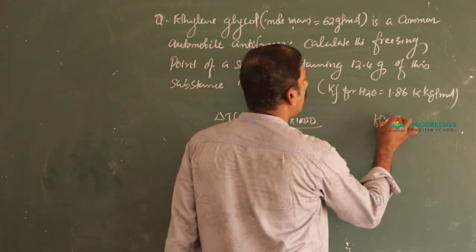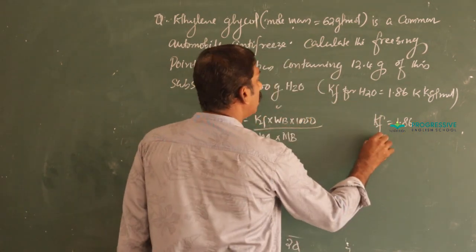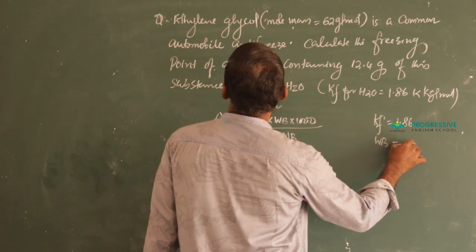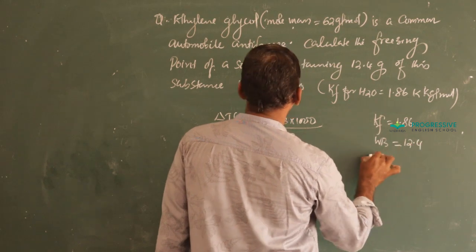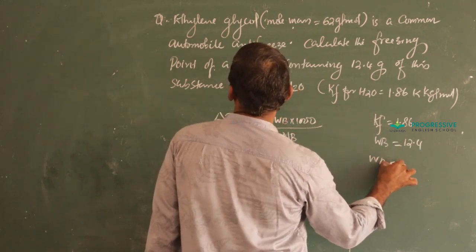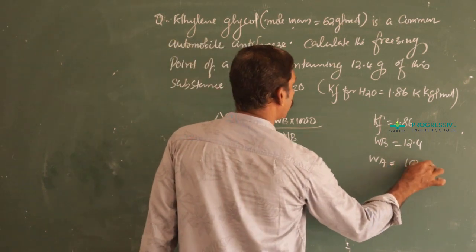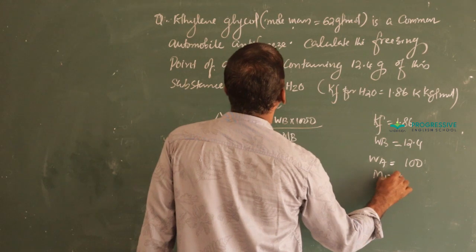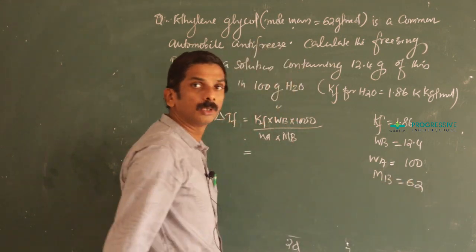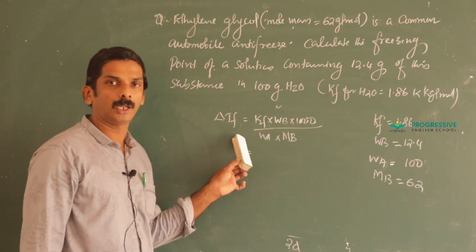Here Kf equal to 1.86, Wb equal to 12.4, Wa 100, then Mb equal to 62.